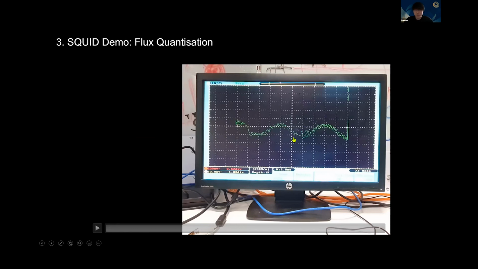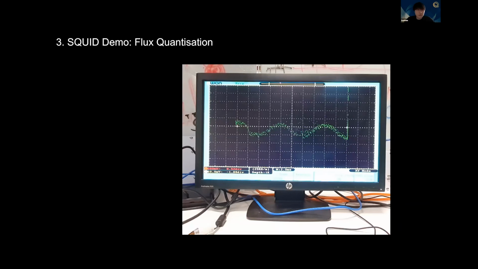Here we're sweeping across the flux. The box that we have seen earlier is supplying different flux values to the SQUID, and we're plotting the voltage for each.